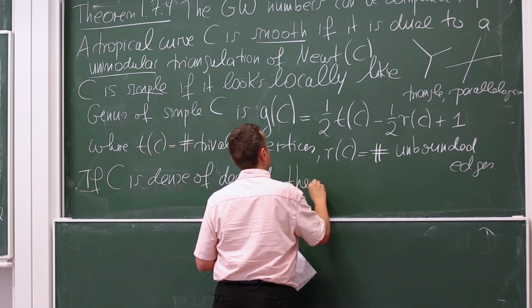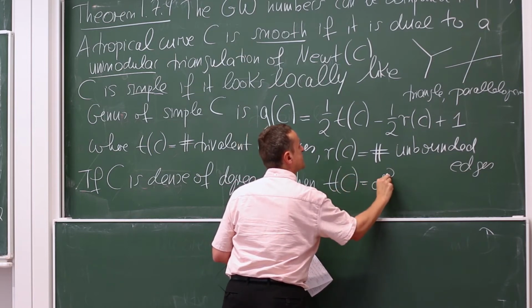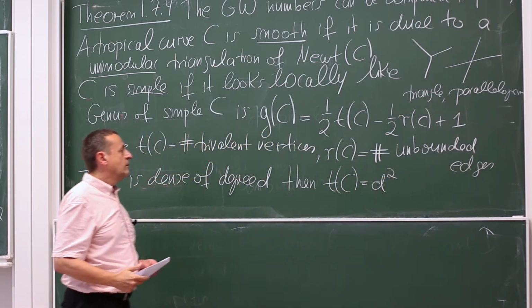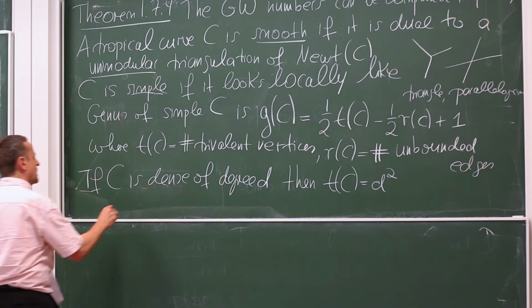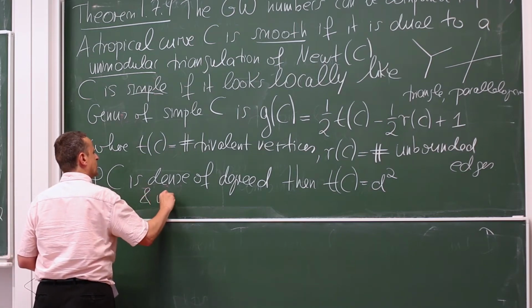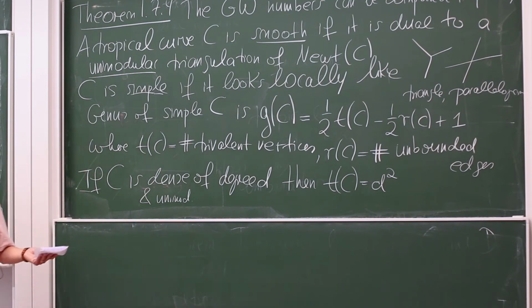So then T of C is d squared, right? Well, for simplicity, assume that we have a unimodular triangulation. Let's say dense and generic and unimodular, right? So if I have a plane curve of degree d, I see d squared nodes in the triangulation. And you know this from Bézout's theorem, right?